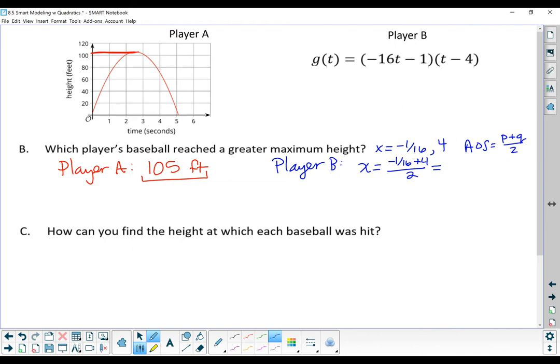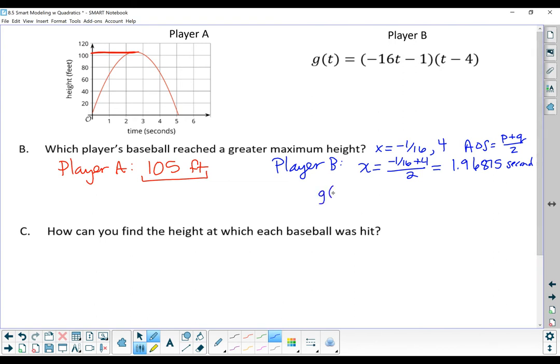That gives us an x value of 1.96875 seconds. We're looking for the height of the ball, so we need to sub that value into the function.